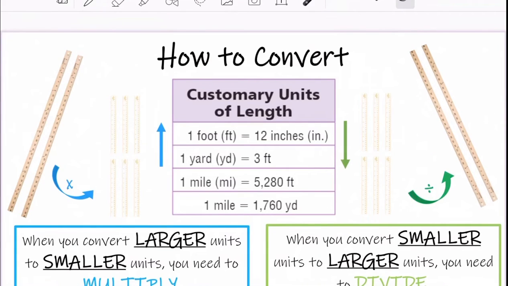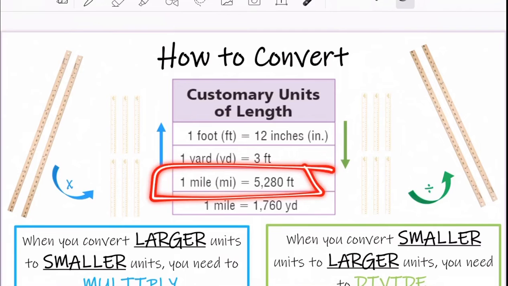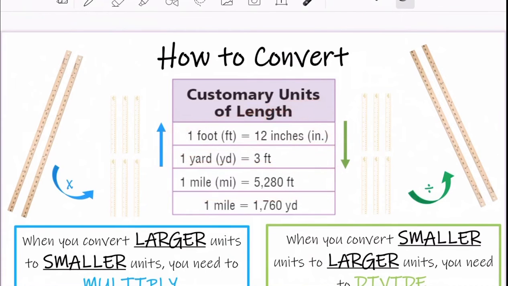I have these arrows here to help you know that when we go from a smaller unit, like a foot, to a larger unit, like a yard or mile, we're going to be dividing. And if we go from a mile to a foot, we're going to be multiplying because we're going to have more of that unit.